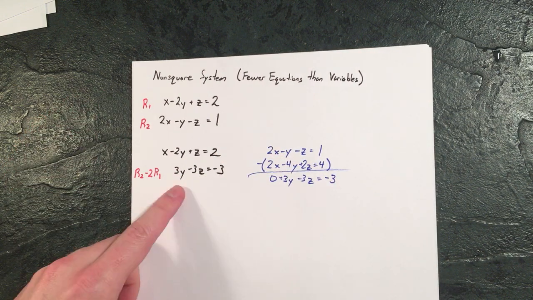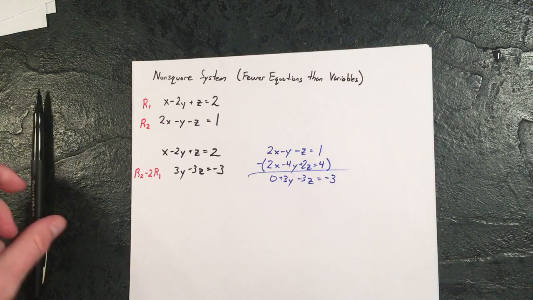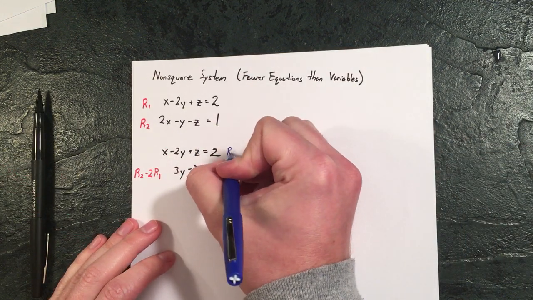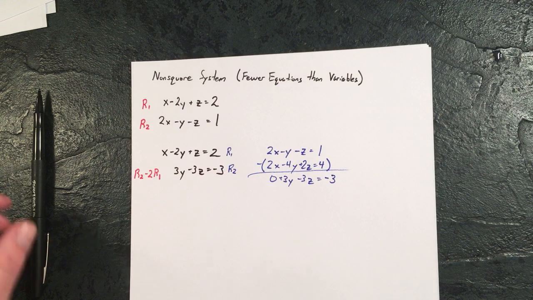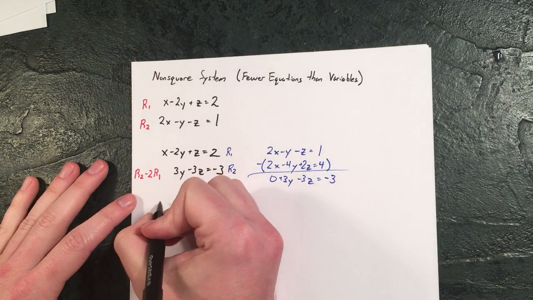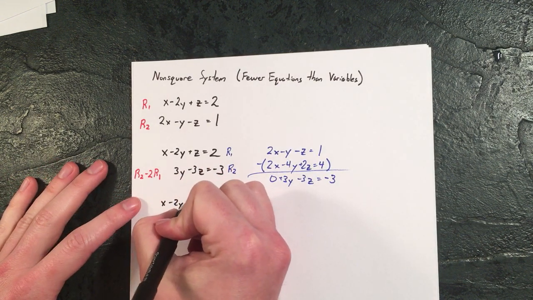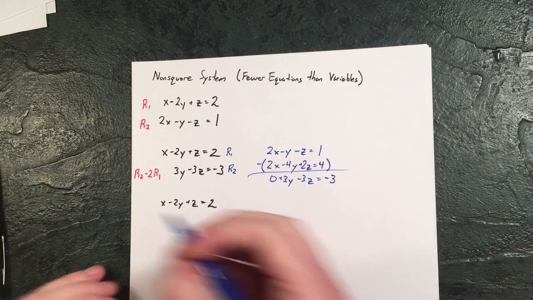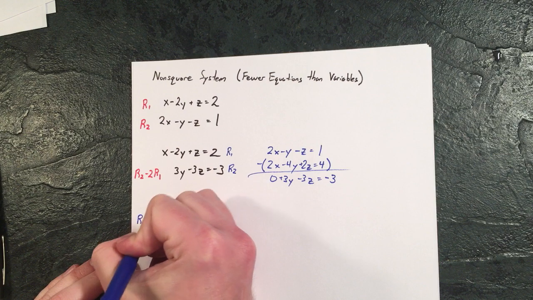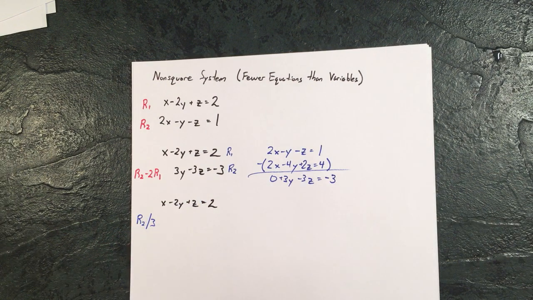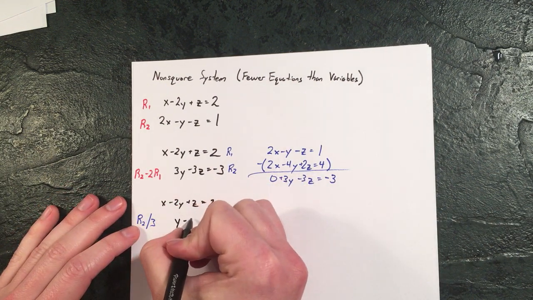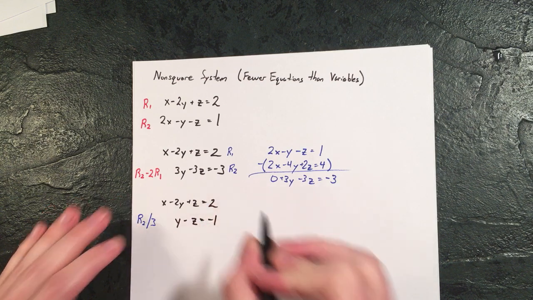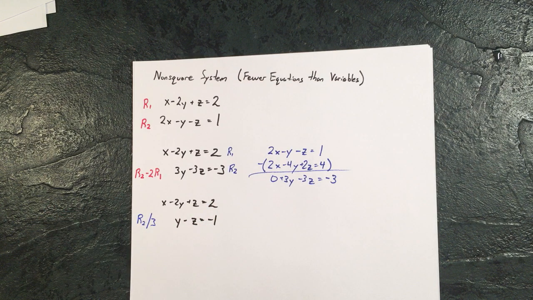Our next move is we would like this y to have a coefficient of 1. And see what we can do there. So I'll rewrite that first line the same. And then here, I want to take our row 2, and we can divide it by 3. So we're left with y minus z equals negative 1.